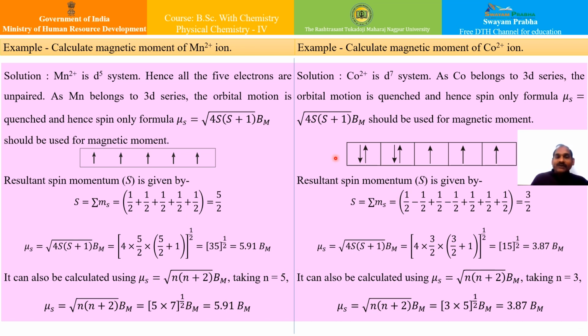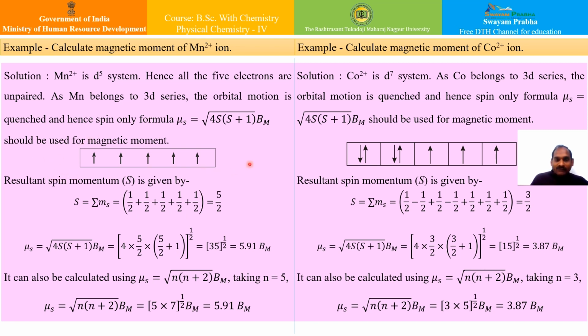We can calculate the magnetic moments based on the formula that we have seen here. So let us calculate the magnetic moment of manganese 2 plus ion. It is a d5 system, and therefore all 5 electrons are unpaired. As manganese belongs to the 3d series, the orbital motion is quenched, and therefore the spin formula should be used for the magnetic moment.